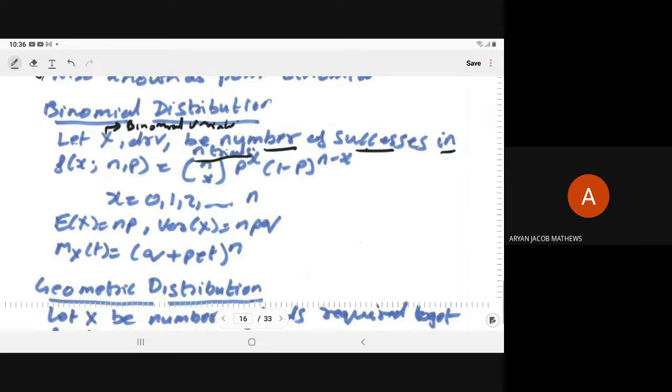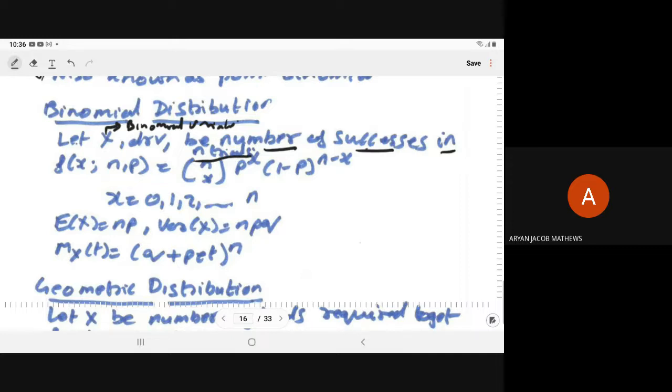For example, if you have n machines, how many machines are working, how many are non-working? If you have to model this kind of thing, then we have to use the binomial distribution. Out of the n Bernoulli trials, if you have to count the number of successes, then you use the binomial distribution.